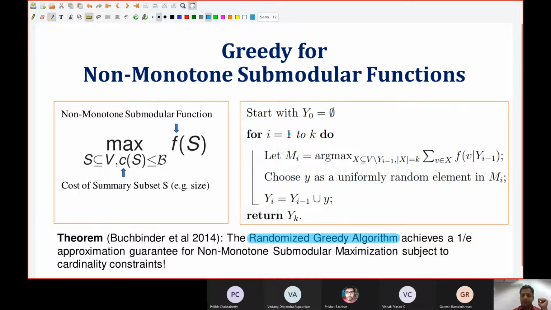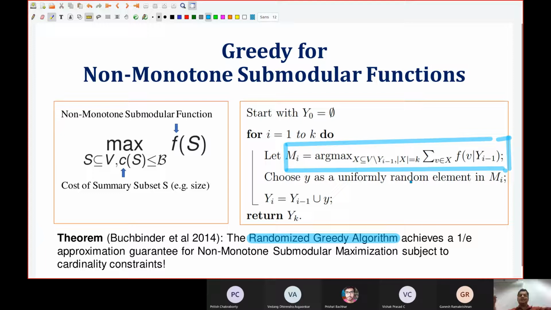So you start with the empty set, for i equals 1 to k. You're choosing now all the potential elements. This is not monotone, right? So looking at every possible M_i, all the elements that give you the best possible next gain. So argmax over subsets X of the ground set minus Y_{i-1}, with cardinality of X at most k, such that the summation over v in X of the gain is maximized.